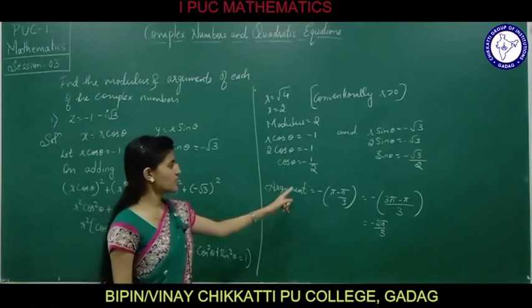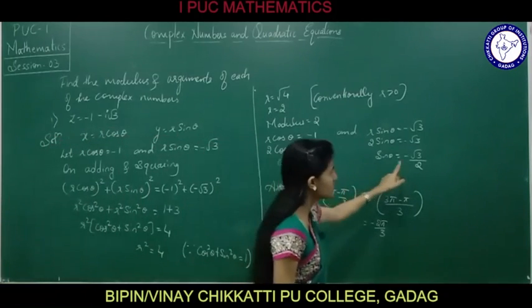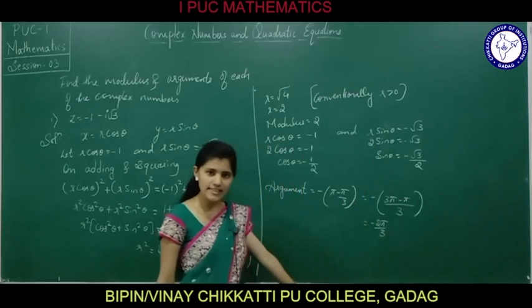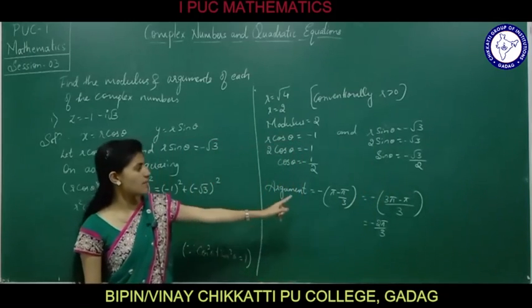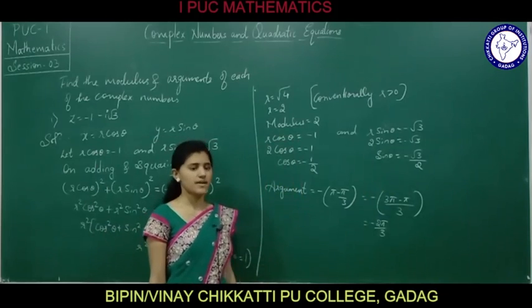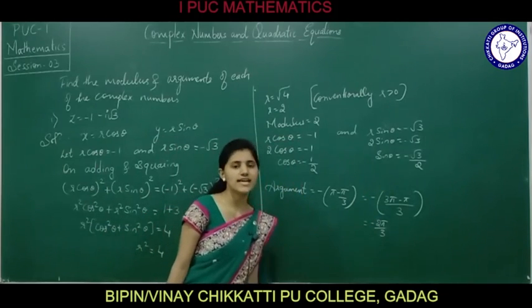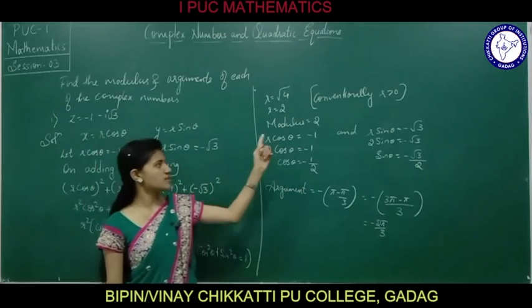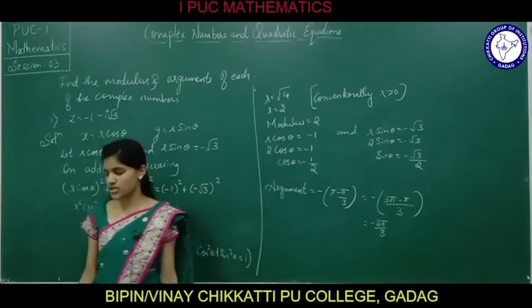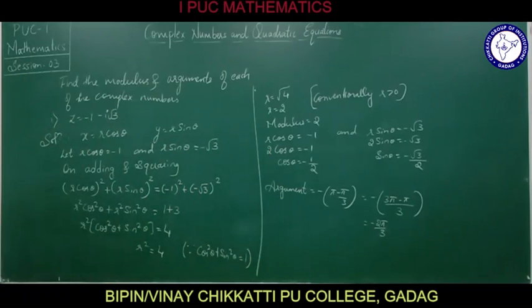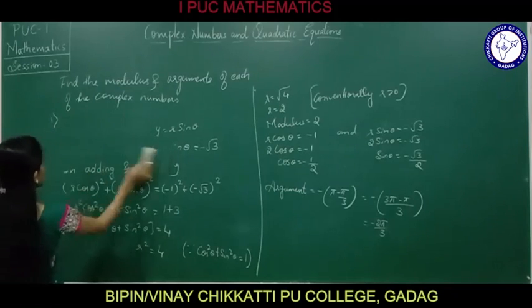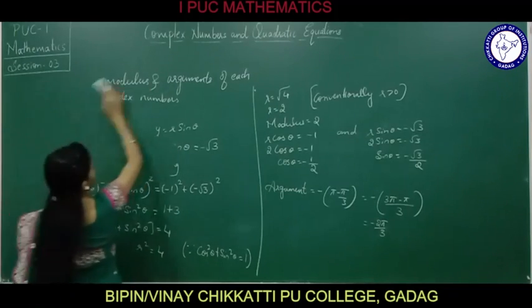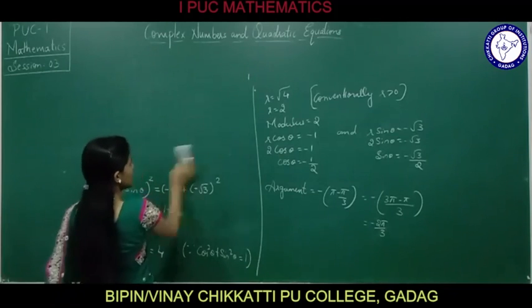To find the argument, since both these numbers are negative, it is going to lie in the third quadrant. That is why it is minus of pi minus pi by 3. On simplifying, we got it as minus 2 pi by 3. So for this, the modulus is 2 and the argument is minus 2 pi by 3. I hope you all have followed this. Now, the second problem is exactly the same as this. We are going to solve it next.